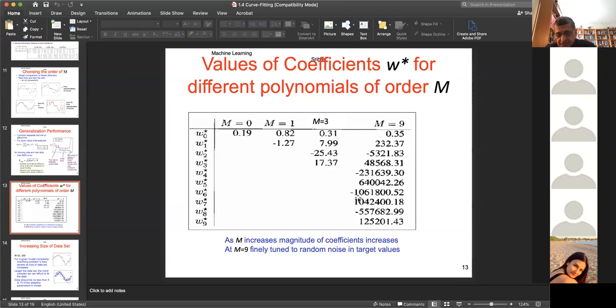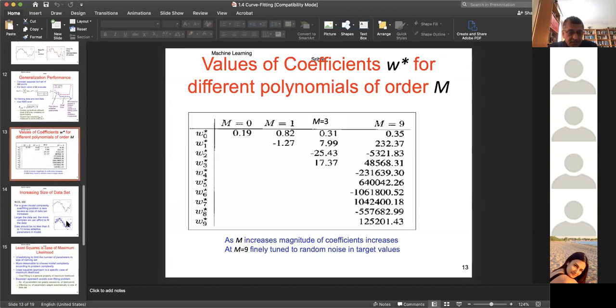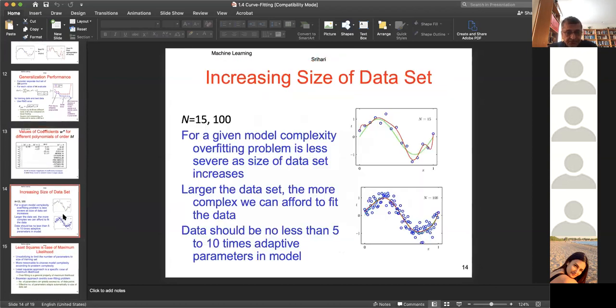Some components are minus 1 million and plus 1 million and so on. If we compute the length of this vector in that 9-dimensional space, it's going to be of the order of thousands or even hundreds of thousands. And so we want the length of that vector to be kept small, which is the idea of regularization.